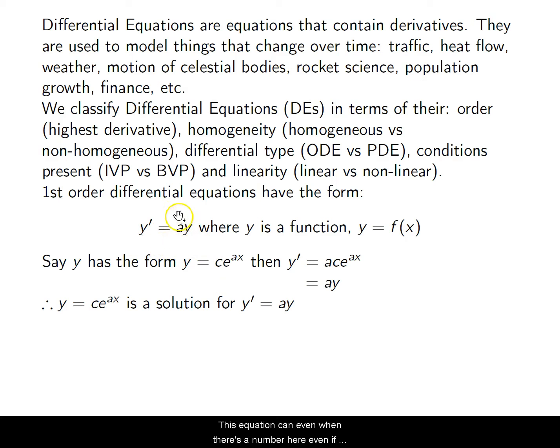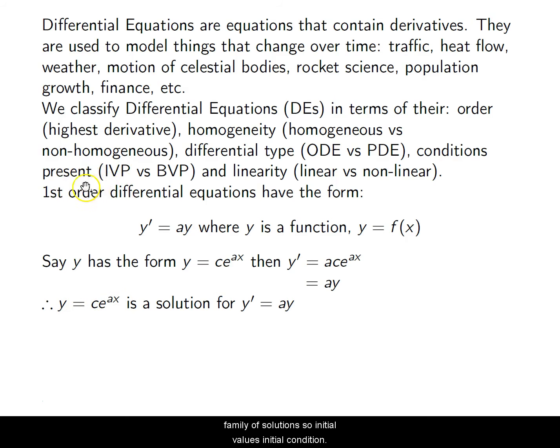Even when there's a number here, even if this is, again, like 3y. So what happens is our initial values allow us to pinpoint a single solution. So if I have an initial condition, say I need my equation to pass through 5 when x equals 0, I can narrow it down to a single solution instead of a family of solutions.